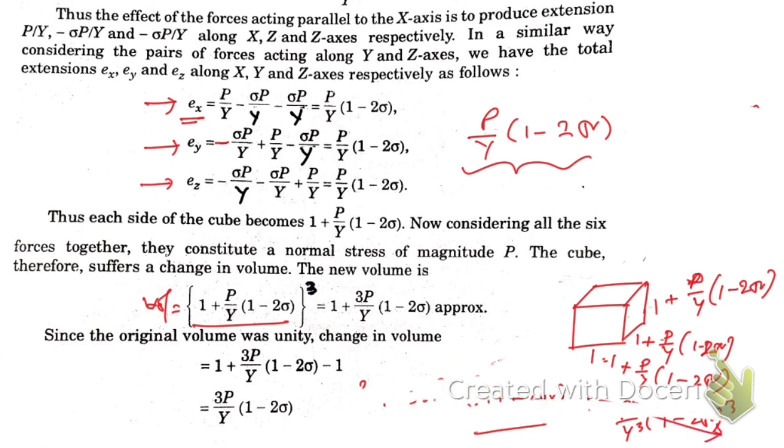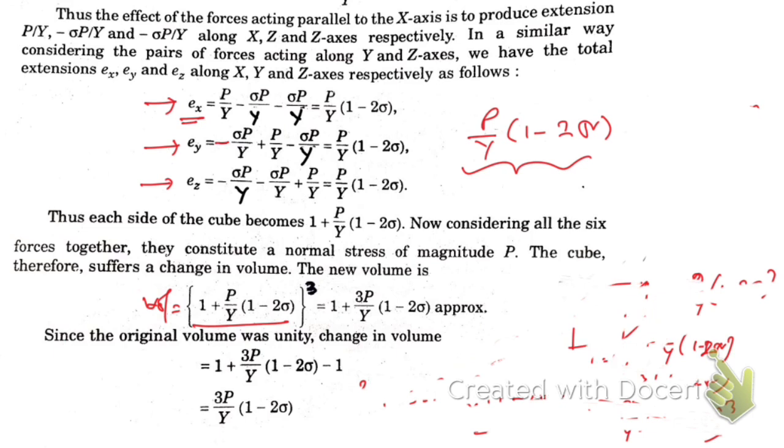So now let me clean this side. Now this is what we have got, the volume, right? Since the original volume is 1 unit, the change in volume will be given by the new volume minus the original volume, which is 1.